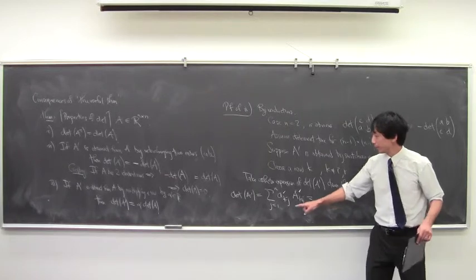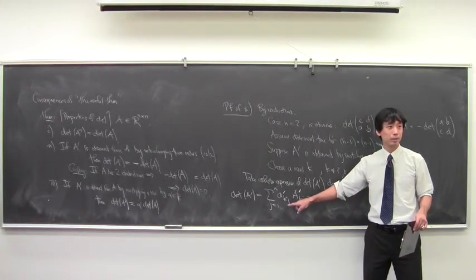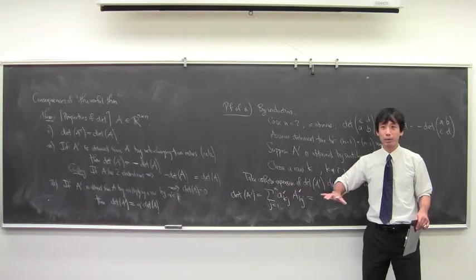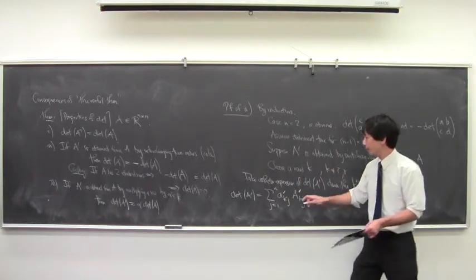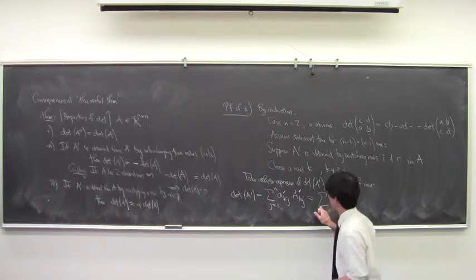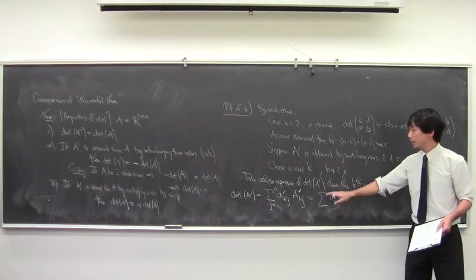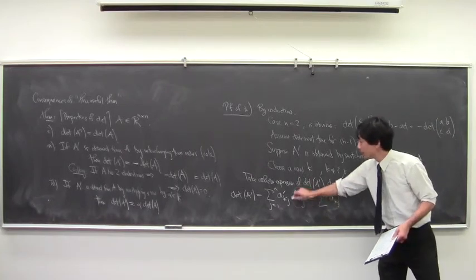Maybe you see what happens. Well, what's AKJ prime? The kth row is the same; the kth row wasn't one of the rows that switched. So this little AKJ prime is the same thing as little AKJ, the same as in the original matrix.